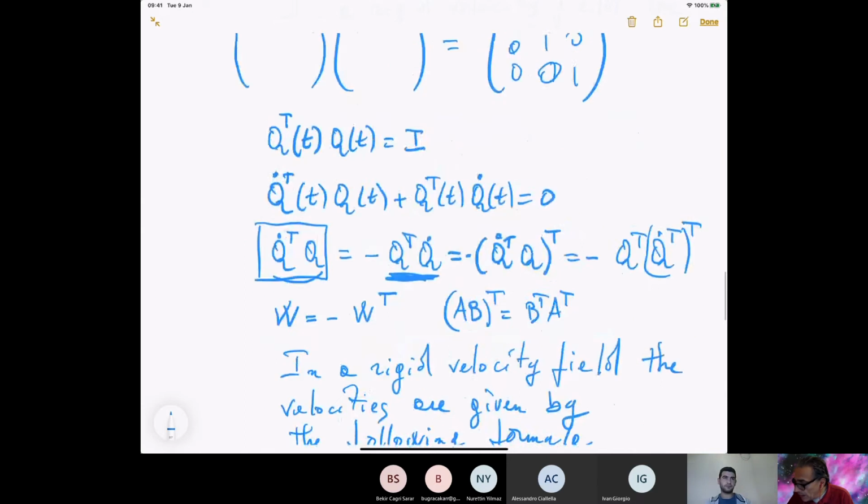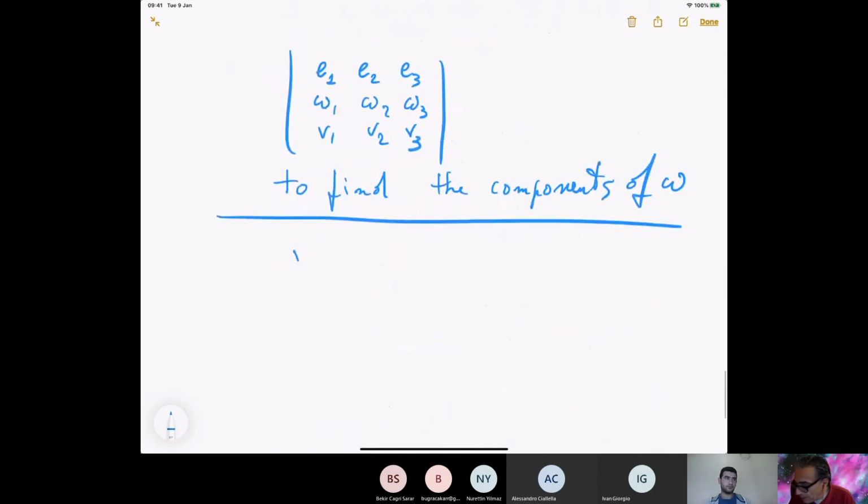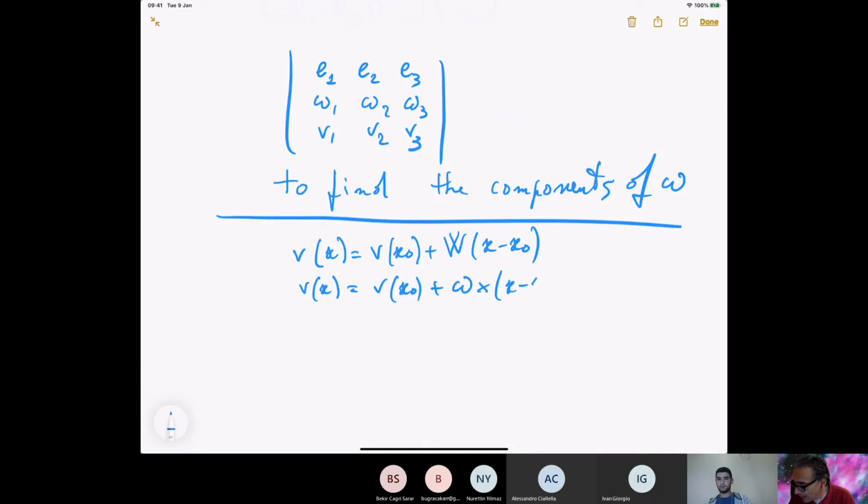Okay. So what can we do? We can rewrite this formula V of x equal V of x0 plus W times x minus x0 in another way. V of x is equal to V of x0 plus omega vector x minus x0. And I'm sure that this formula you have already seen.